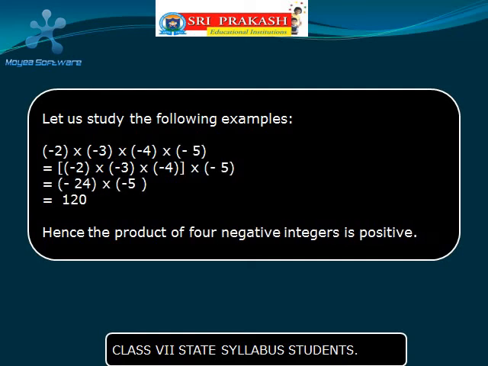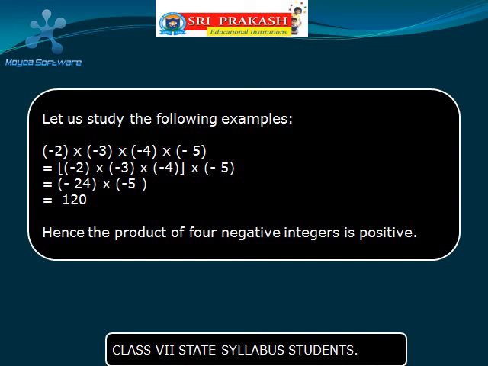Let us study the following example. Minus 2 into minus 3 into minus 4 into minus 5. In order to simplify this, let us take the first three numbers, that is minus 2 into minus 3 into minus 4. Already we found the value of this. The value is minus 24.